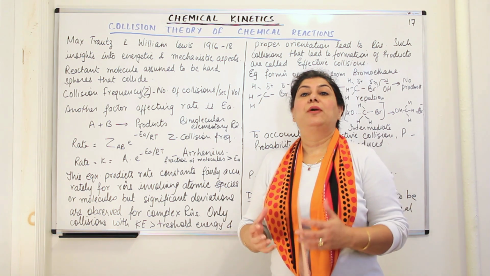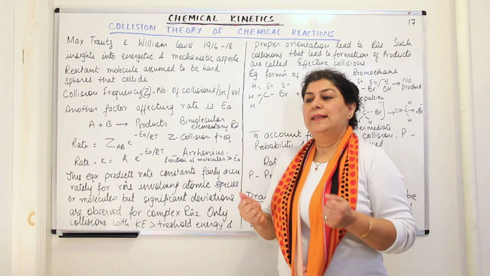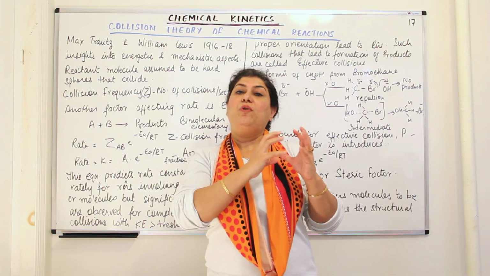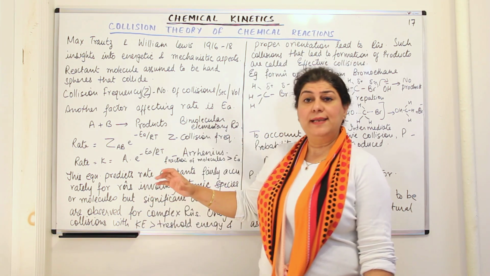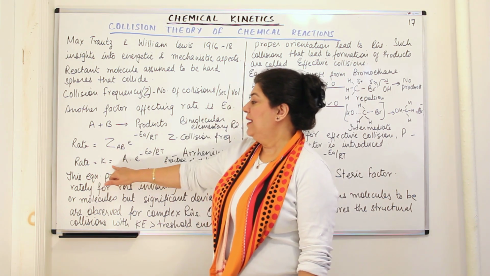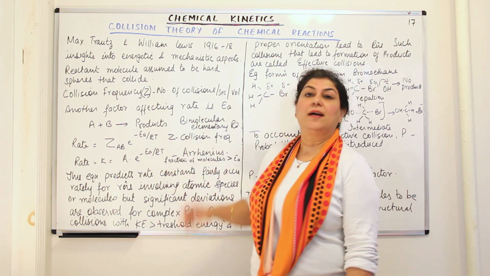We have studied the Arrhenius equation and how Arrhenius assumed that the energy of activation was the most important factor that affected the rate of the reaction. On the basis of that, he gave this equation, that is, rate constant K is equal to A into e to the power of minus Ea upon RT.